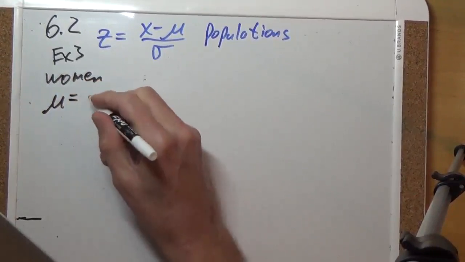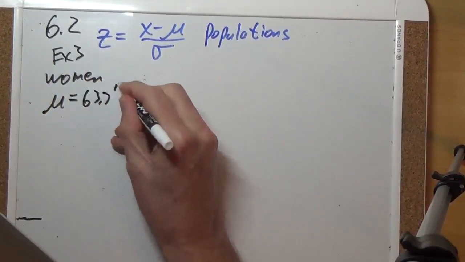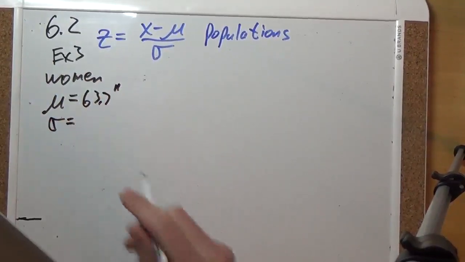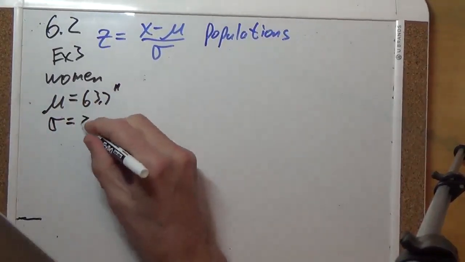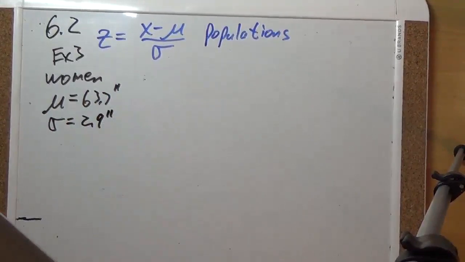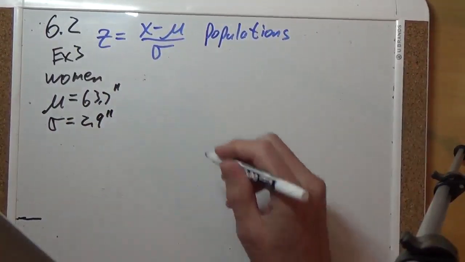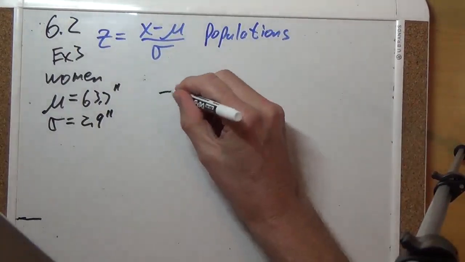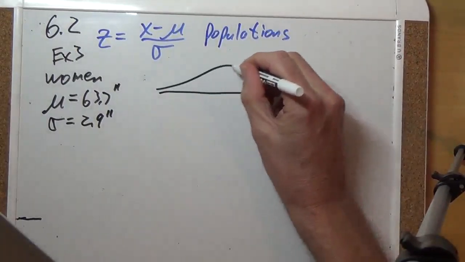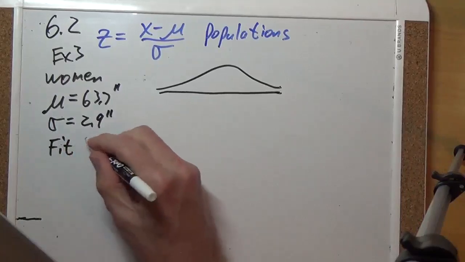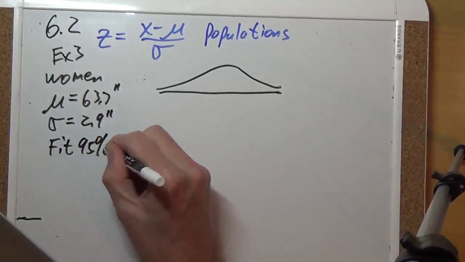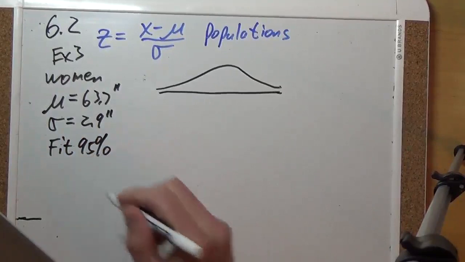The mean height of women, 63.7 inches, standard deviation of 2.9 inches. And so we're designing an aircraft cockpit that would fit 95% of women.